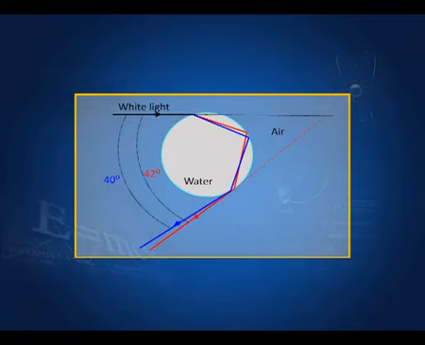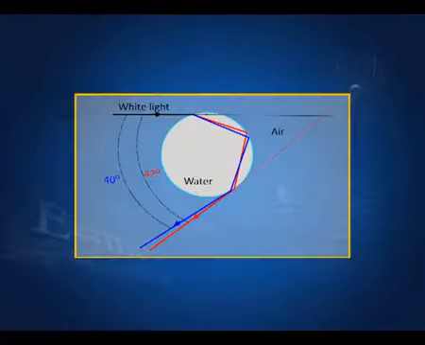These are the angles of minimum deviation for these colors when the refraction takes place through water. And it is at these angles that the rays that enter the drop are bunched and give rise to the rainbow, and these rays are called rainbow rays.